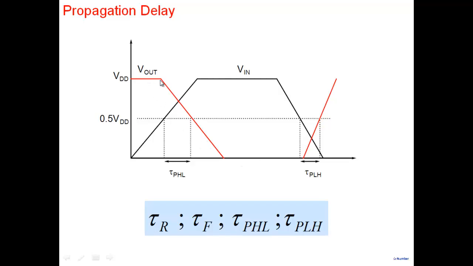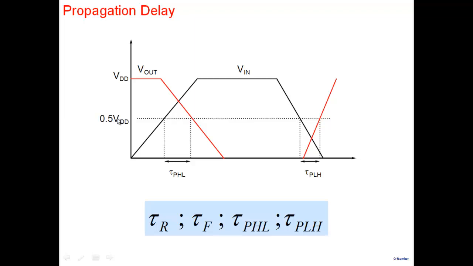This is a simplified view. It will not fall linearly like this and rise like this. So the definition of propagation delay is: you find the point where the input crosses 50%, 0.5 VDD, and you look at the point where the output crosses 0.5 VDD. And the difference between the two is what we call the propagation delay.